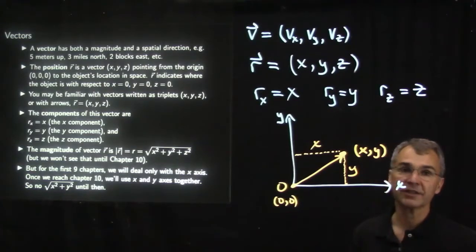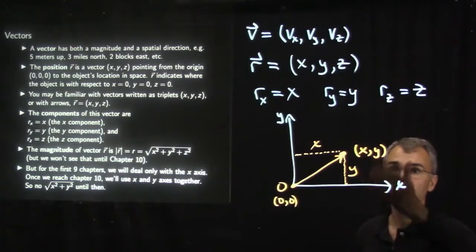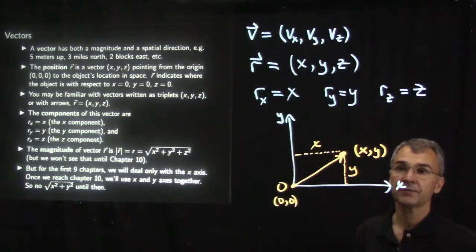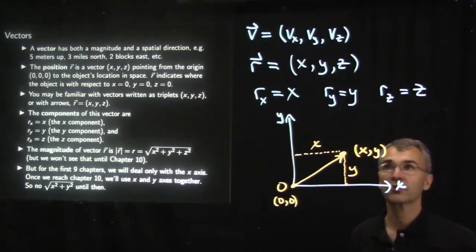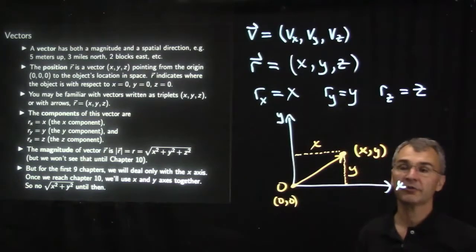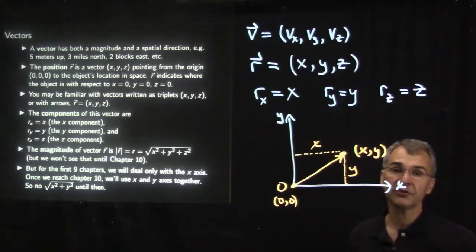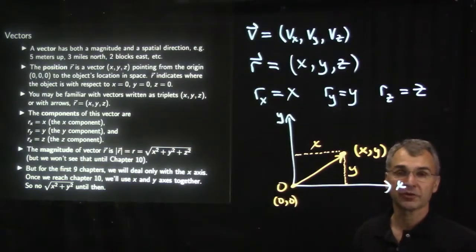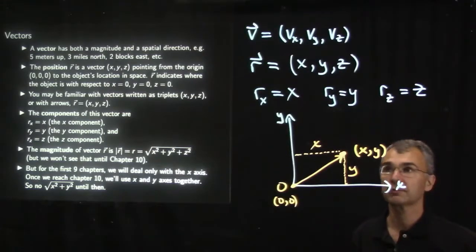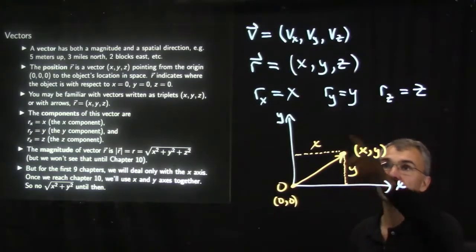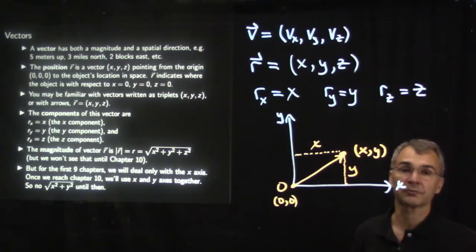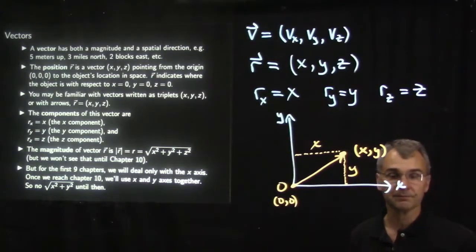So I think you might be accustomed to writing vectors in the plane as ordered pairs, x comma y, and vectors in 3-dimensional space as ordered triplets, x comma y comma z. I will often use that notation because I believe it is familiar to you. I remember learning it in secondary school, and probably you did too. But Mazur never uses this ordered pair or ordered triplet notation, so just bear that in mind.